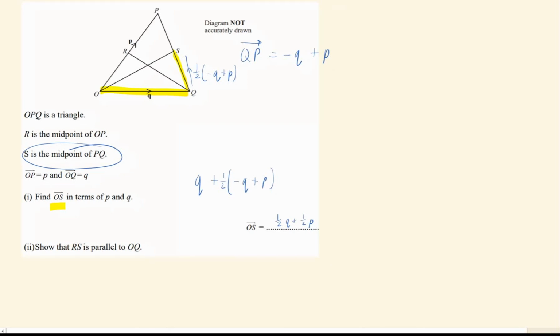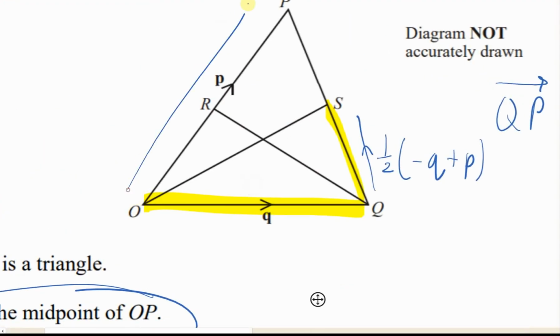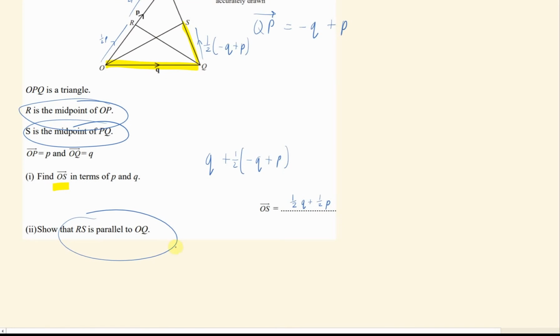Next question, we need to show that RS is parallel to OQ, and R is also the midpoint of OP. So we know OP, this whole length, was p, which means this section is going to be half p, and this section is also going to be a half p. So let's work out the vector from R to S. I just need this length here.